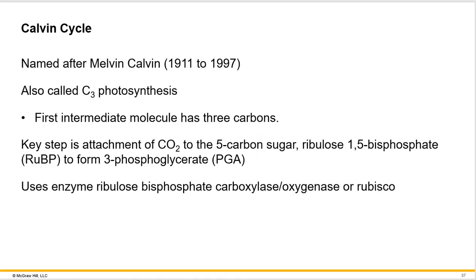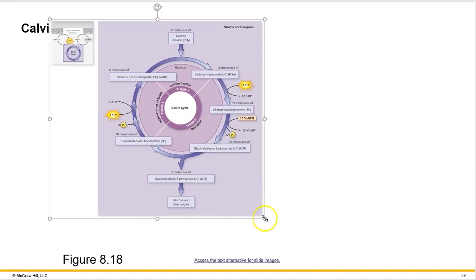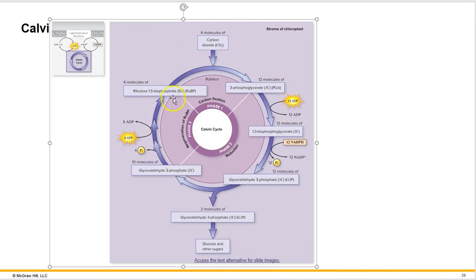You can read about the Calvin cycle here and there, but it's better for us to kind of look at it, I think. This is the wheel, right? So this is the gumball machine. This is the little wheel. 6 molecules of carbon dioxide are the quarters that we put in.